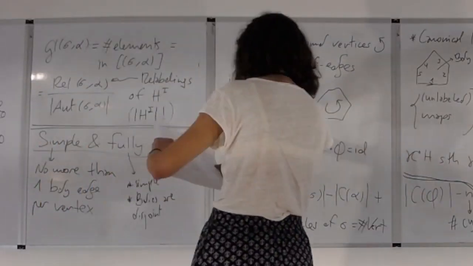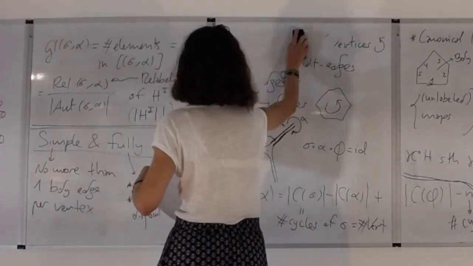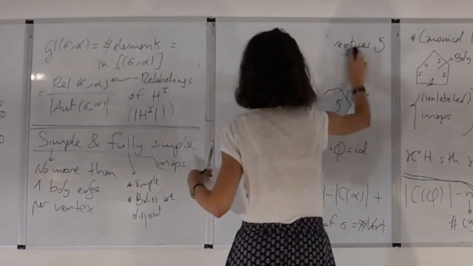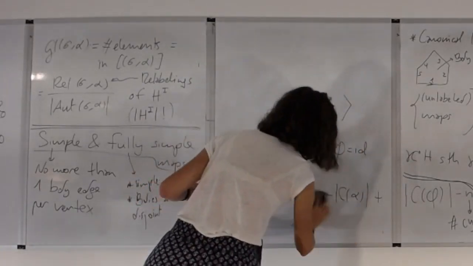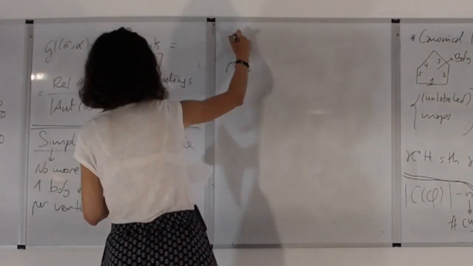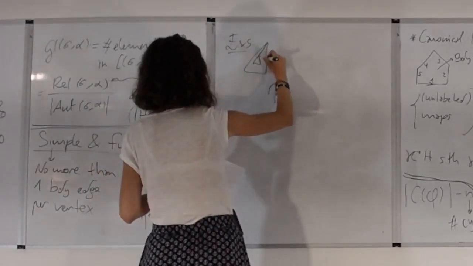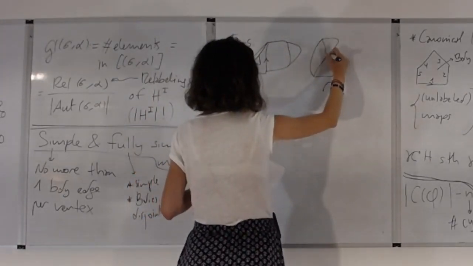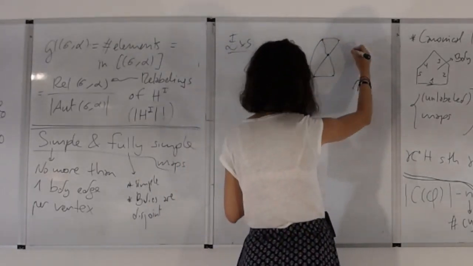Okay, so let's do an example. I'm just drawing three different maps embedded here on the plane, on the whiteboard.